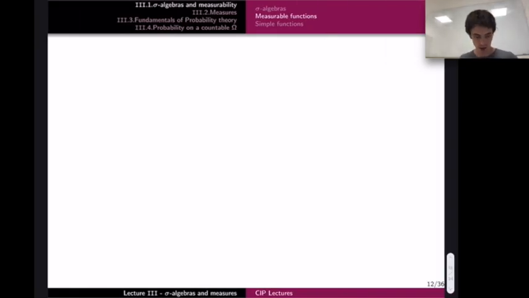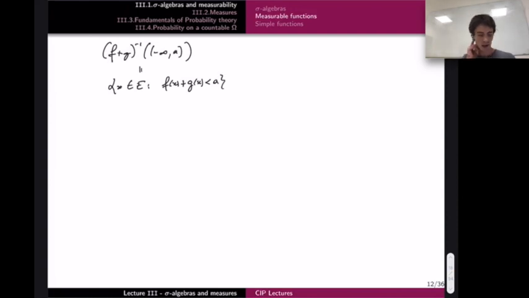Remember that, this is a notation, (f+g)^{-1} of some Borel set of the form (-infinity, a) is equal to the set of all x's in E such that f(x) + g(x) is in the set (-infinity, a), so that means that it's strictly smaller than a.